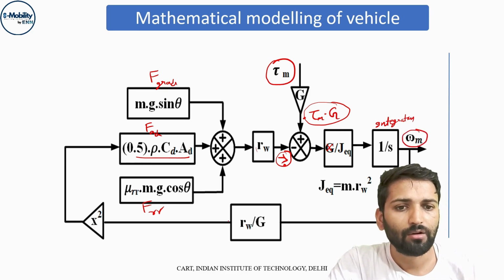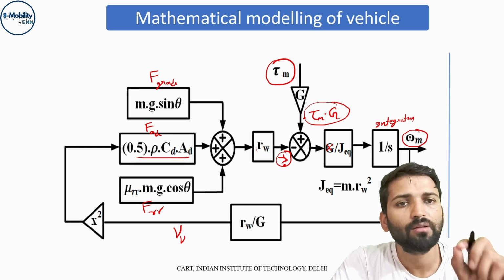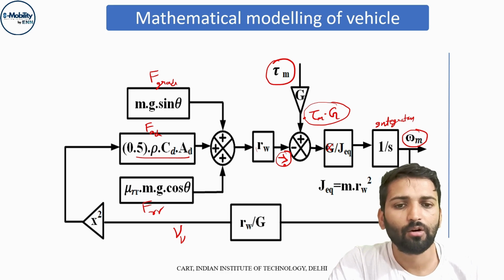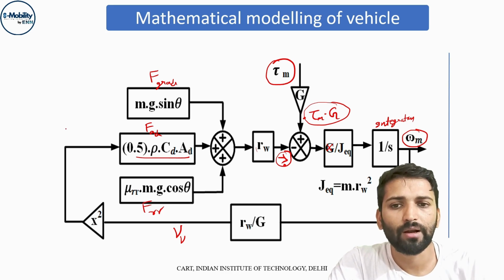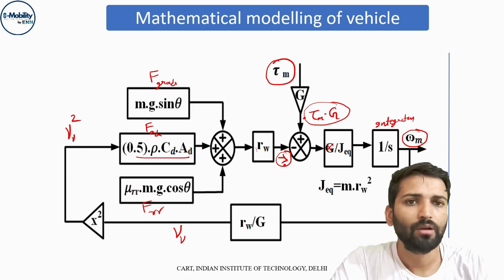Using the Rw by G expression I am converting it into the vehicle speed, and this vehicle speed is used by the aerodynamic drag. We all know that aerodynamic drag uses the vehicle speed in its expression. So this vehicle speed V is being squared, which is why we get V square. This is how we'll be doing the mathematical modeling of the vehicle.